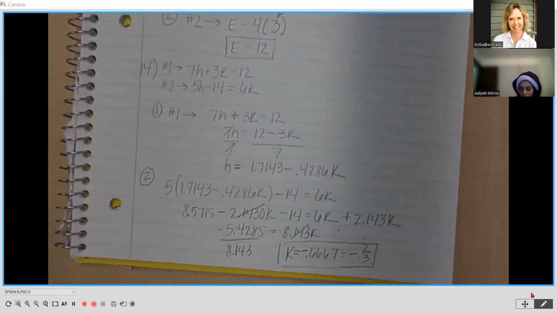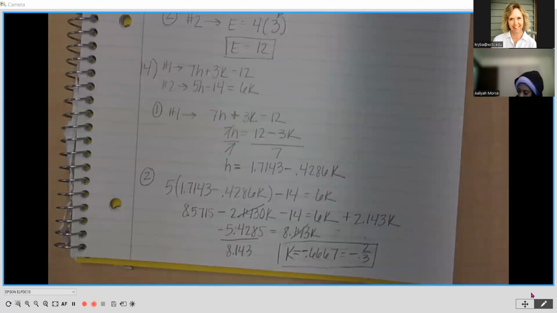So do you get K is equal to negative 2/3? Did I do that right? Yeah. It's another reason I have you do it, just to make sure my math is all right.